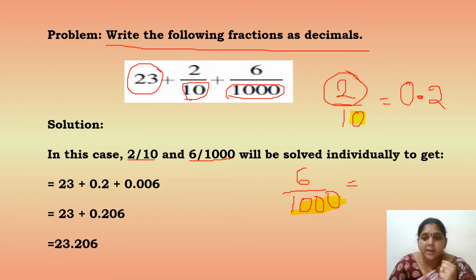But in our numerator, how many digits are there? We are having only one digit. Now what do you have to do? We need 3 digits. So, writing zeros before the digit will give the same value of 6. The value doesn't change if you write zeros in front of the number.